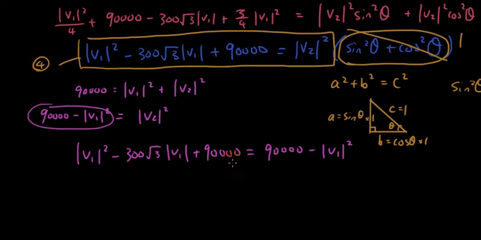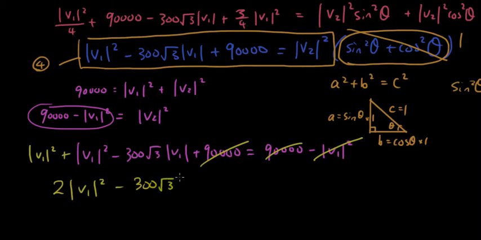Okay, so let us now cross all these things out. We can cross so many things out. We can minus 90,000 on both sides. We can plus v1 squared on both sides. So then I have 2v1 squared minus 300 square root of 3 v1 equals 0.